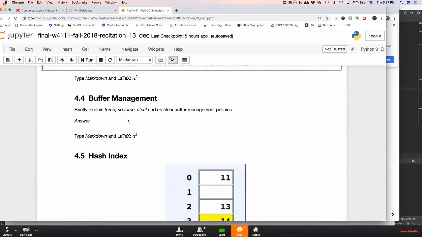The reason I do that is durability. I don't want to think I committed the transaction, but keep the data in memory, because if I fail, I lose my volatile memory. So I thought I committed a transaction, but I didn't push the data to disk, so it's not durable. No force is the opposite, which is if a transaction commits, I'm willing to keep dirty blocks in memory.